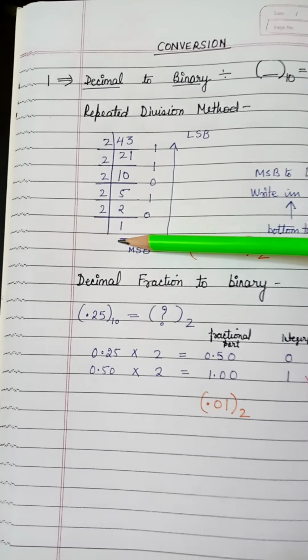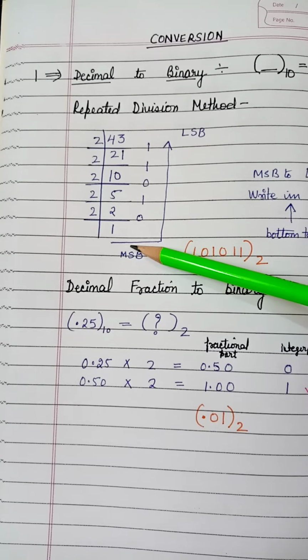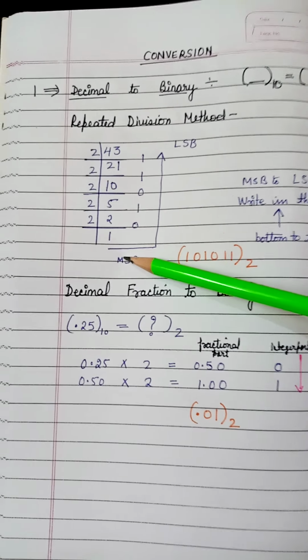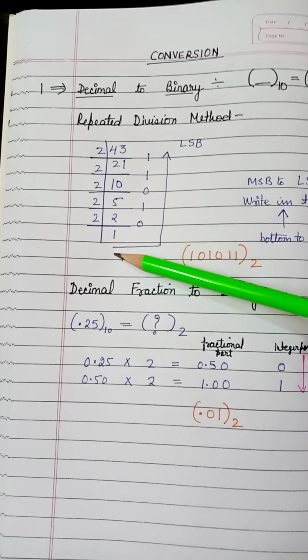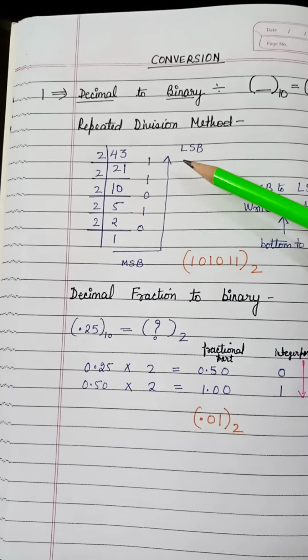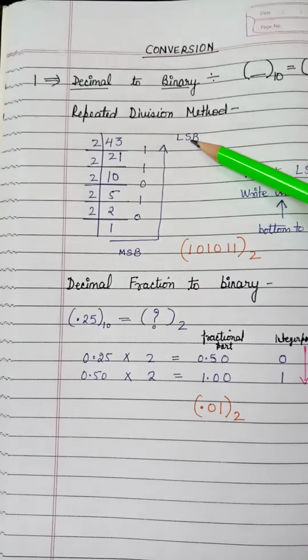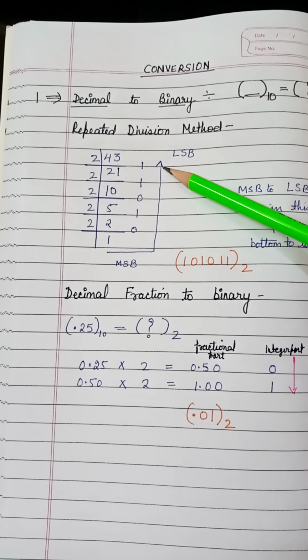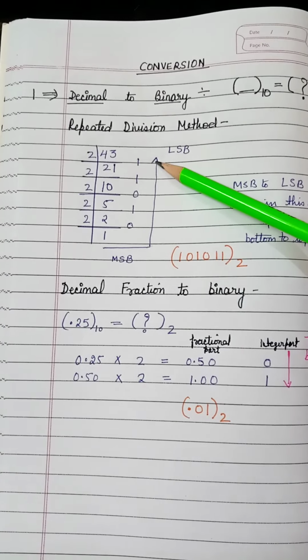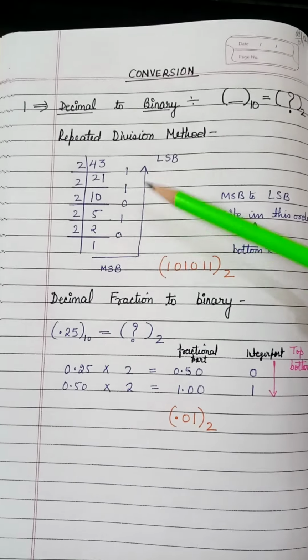Okay. Now you will write the answer from bottom to top. This is the most significant bit. This one is the least significant bit. You will write down your answer from MSB to LSB in this direction. Okay, from bottom to top.